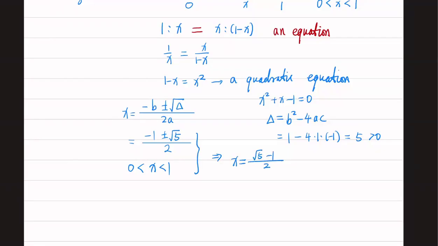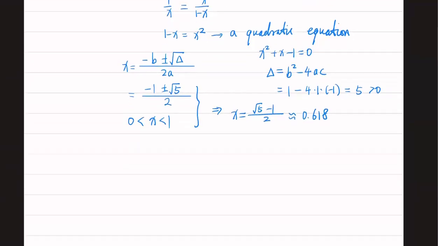If we find the approximate value, we call this the golden ratio, and we will encounter this later.